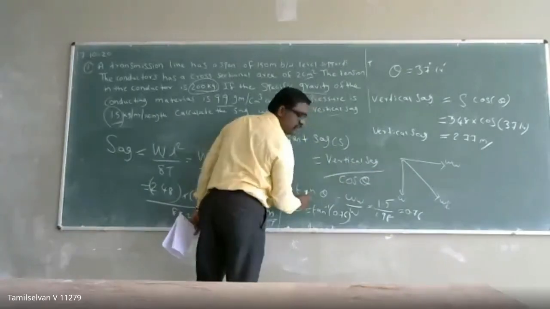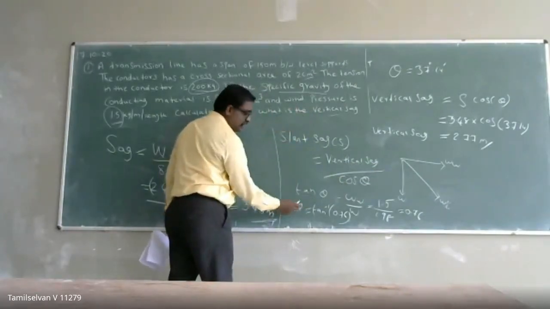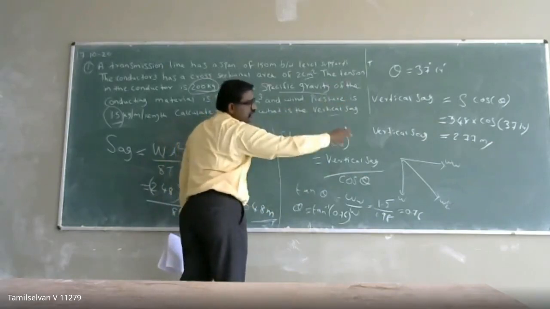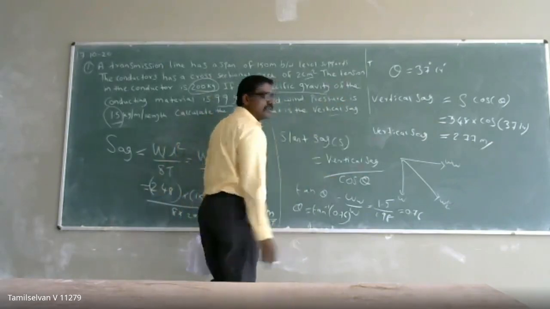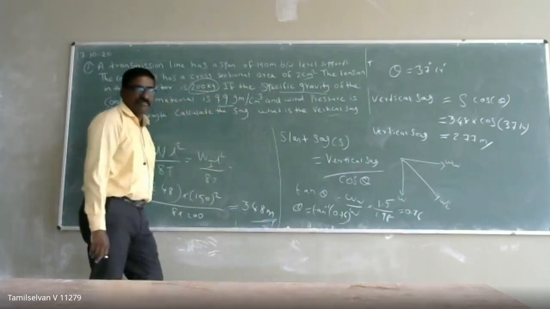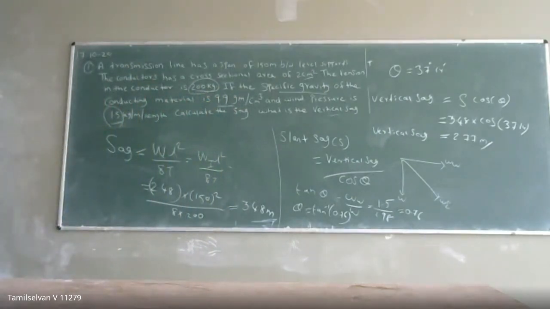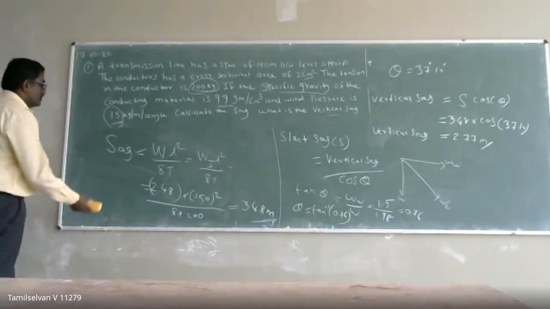This we are using. What about your vertical side? So this is nothing but when the conductors are not at normal, it means the weight of the conductor is not the actual weight of the conductor. It will have an actual weight of shaft. Okay.